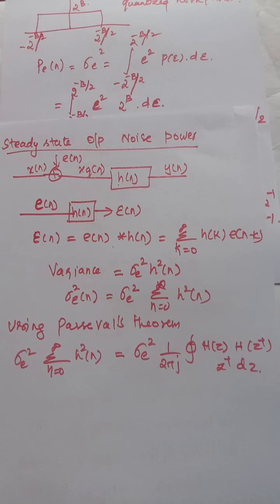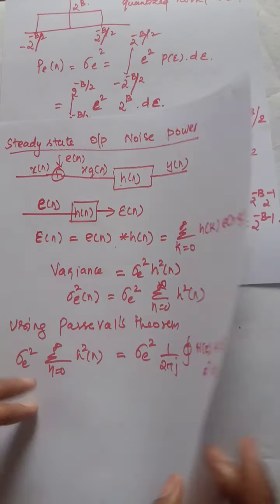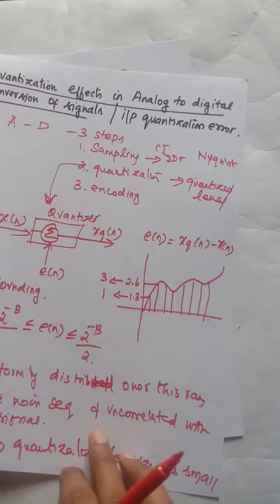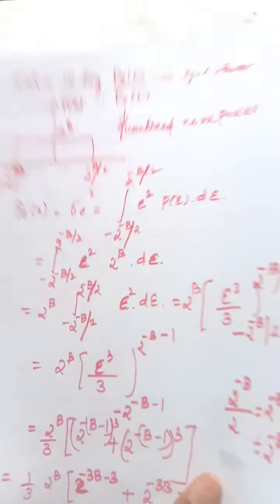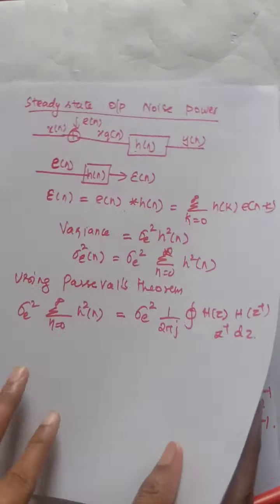So this is the convolution formula. Now if it is noise, what you will do is find the variance, because the mean is zero, as we have assumed it is uniformly distributed. So we need to find only the variance.